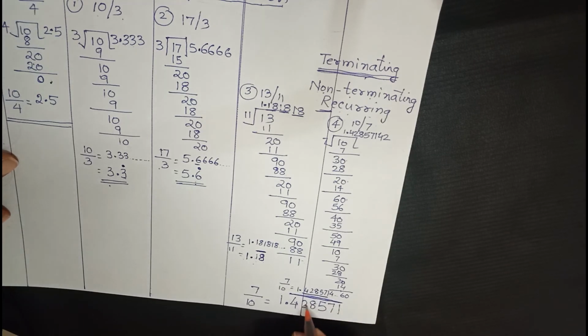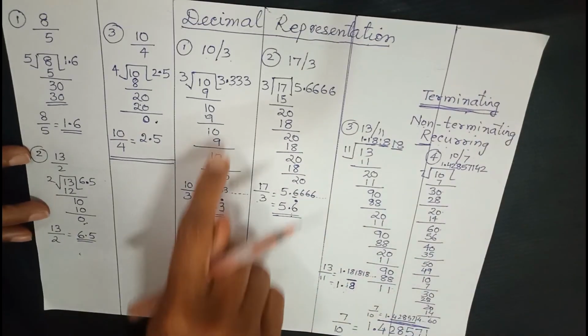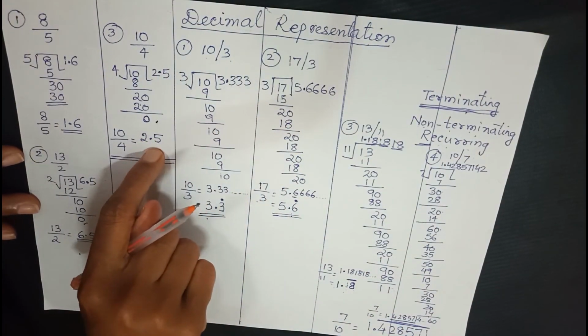I'll keep on getting 428571, 428571, 428571.